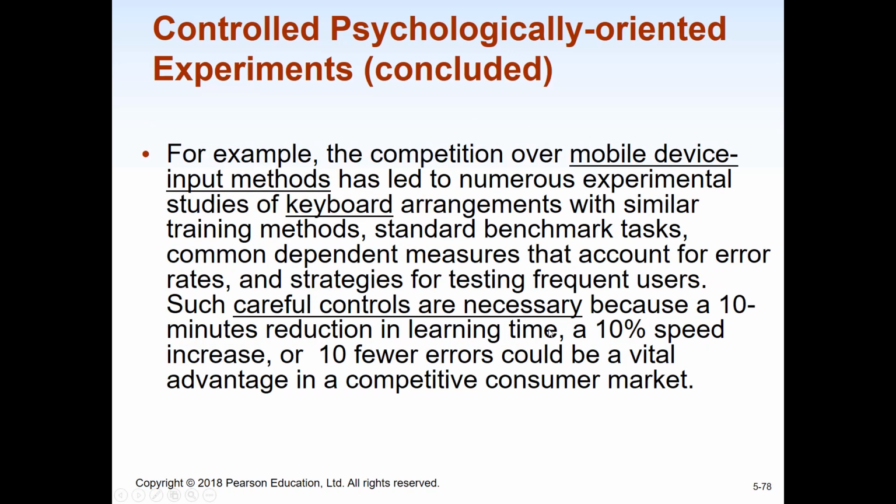For example, the competition over mobile device input methods has led to numerous experimental studies of keyboard arrangements with similar training methods, standard benchmark tasks, common dependent measures that account for error rates, and strategies for testing frequent users.